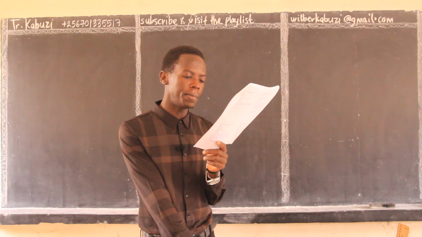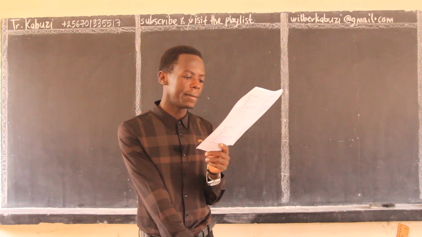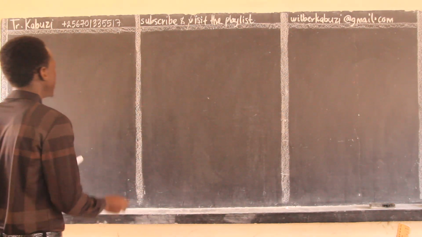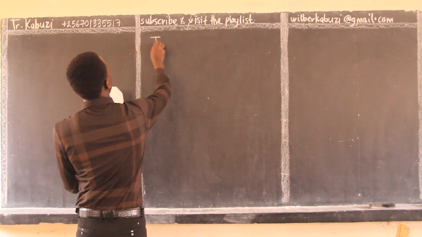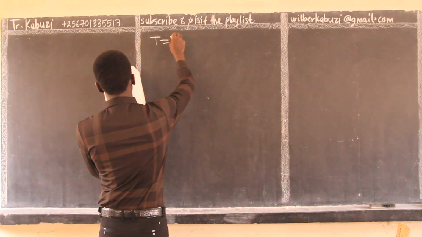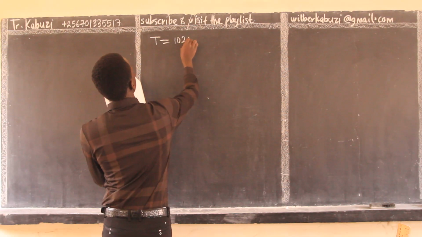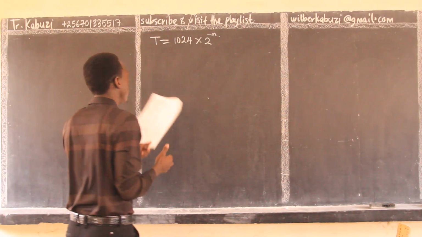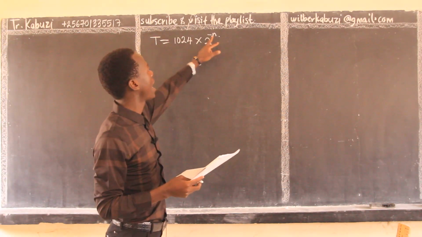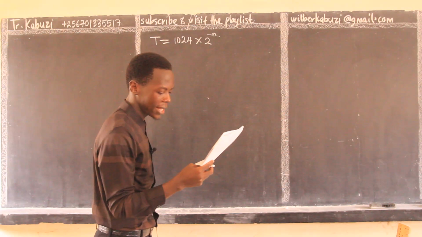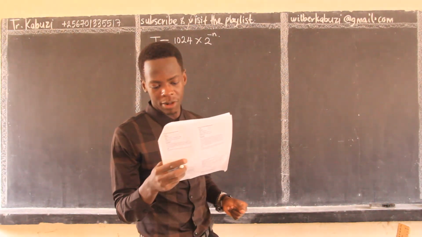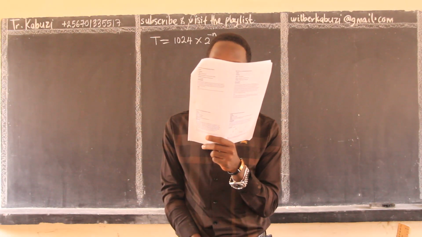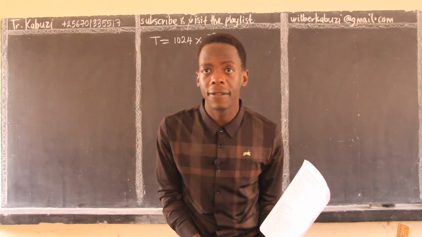The relationship between time t and number of workers n can be expressed as t equals 1024 times 2 power negative n, where t is the time and n is the number of workers. The company is going to express the calculated days and workers in standard form, and has requested your assistance to provide these values in a correct format.